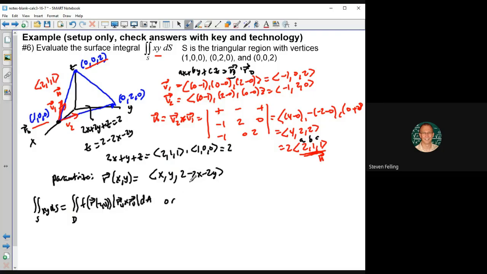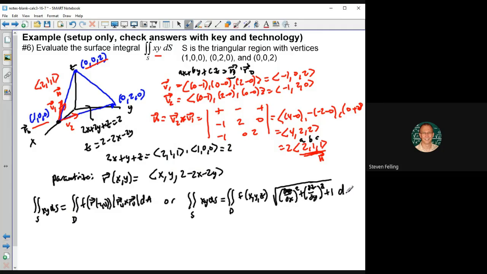Or, because I had this parameterization of z in terms of x and y, I could choose the simpler version, which says that this is just equal to that same function, f of x, y, and whatever the z is, but then just times the square root of partial z with respect to x squared plus partial z with respect to y squared plus 1.